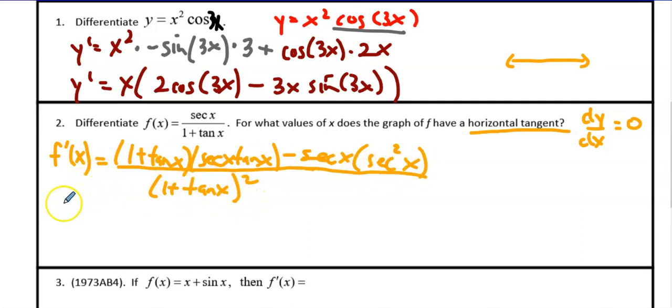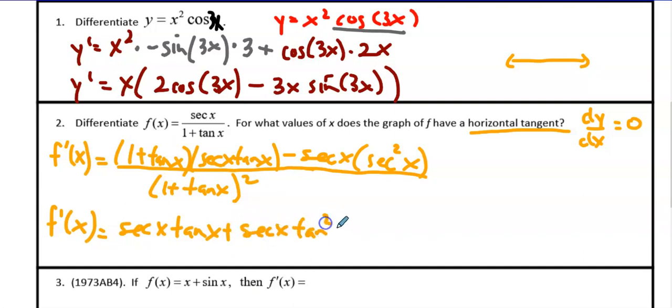So if we look at this crazy thing in the top here, right, we're going to go ahead and do secant x tangent x plus secant x tangent squared x minus secant cubed x. Okay, and we're going to set this thing equal to 0.